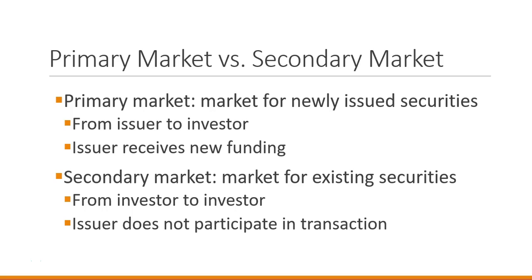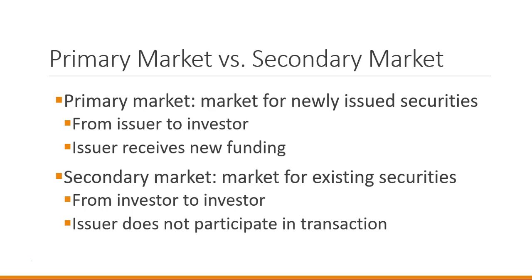So when an issuer wants to raise capital, typically by selling bonds or equities, they go into the financial markets, they sell, an investor buys, and the issuer receives funds from that investor. The secondary market is the market for existing securities. This is buy and sell between investors, a sale from one investor to another.